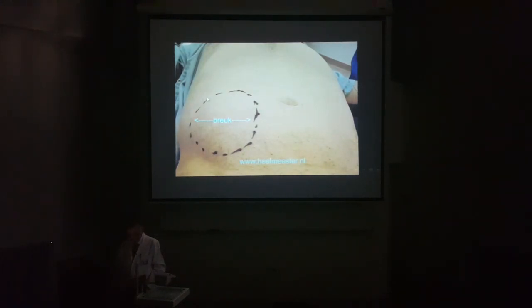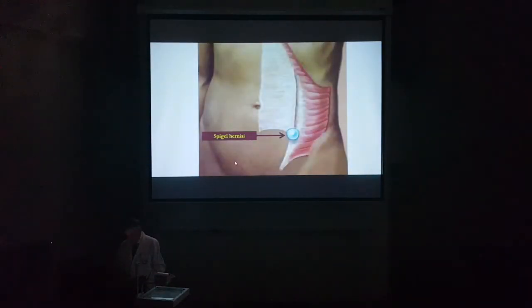So there's a swelling here. This swelling is due to a hernia lateral to the rectus muscle, called Spigelian hernia.